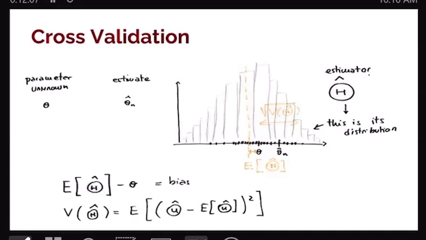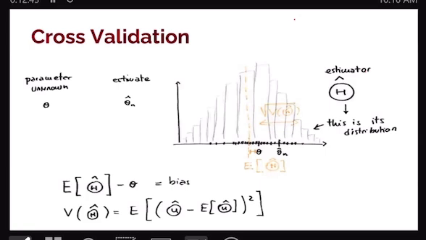We want to use this estimator on different subsets of the data set, I mean, the training data set. If I work on this set of data, I'm going to have a theta cap 1, an estimate. If I go to another set of data, I'm going to have another estimate.